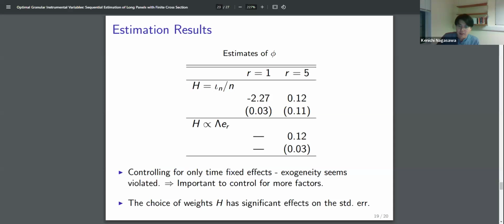I think this is in line with our theoretical findings, where the choice of h can be quite important for the efficiency gain for the granular instrumental variables. So I think this is a nice illustration.